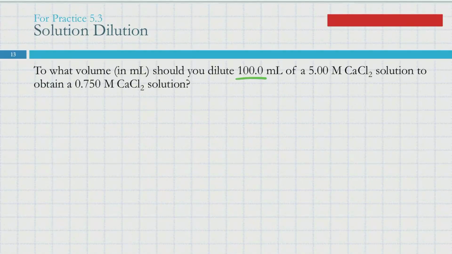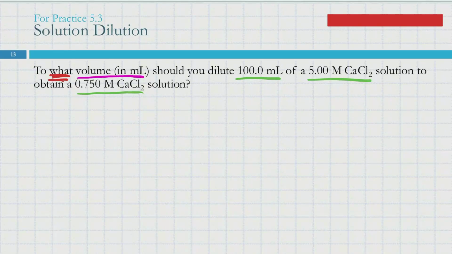We're given 100 milliliters, 5 molar calcium chloride, 0.750 molar calcium chloride. What are we finding? We're finding volume in milliliters. And we know that we're finding volume in milliliters because it's next to our question word, what?